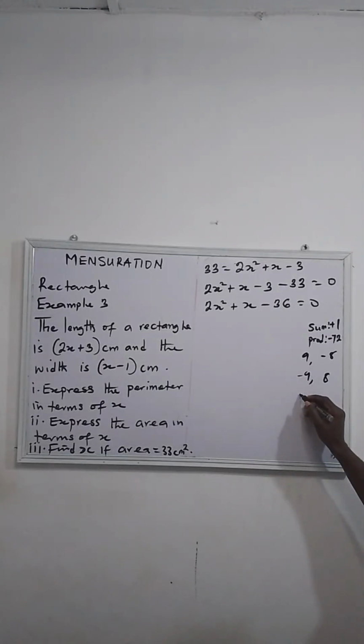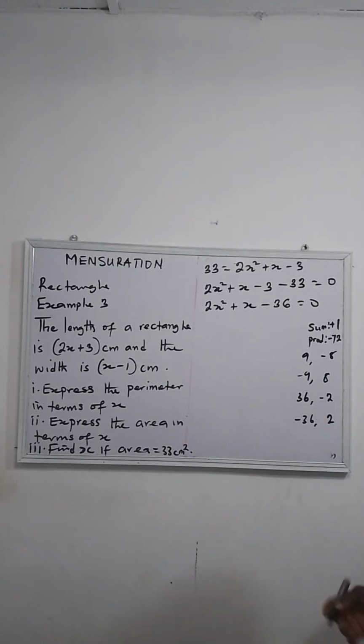Is it 36 and negative 2? Or is it negative 36 and 2? So we have a lot of them. Okay, so I've helped you now. So which one will be the correct answer?